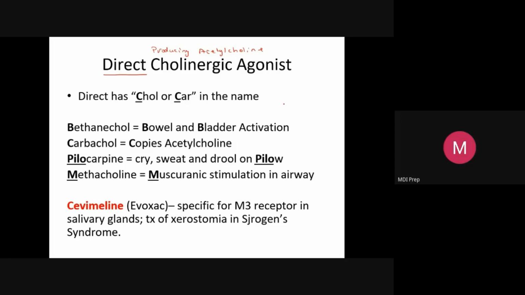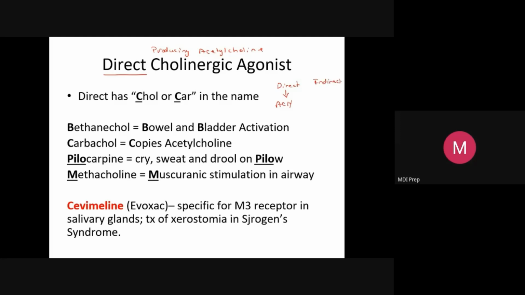All right, so direct, I'll do it like this. Direct means you just give me acetylcholine. So you've got some acetylcholine in your hand. I said, hey, I need some acetylcholine. You give it to me, right? Now, indirect, watch this one.